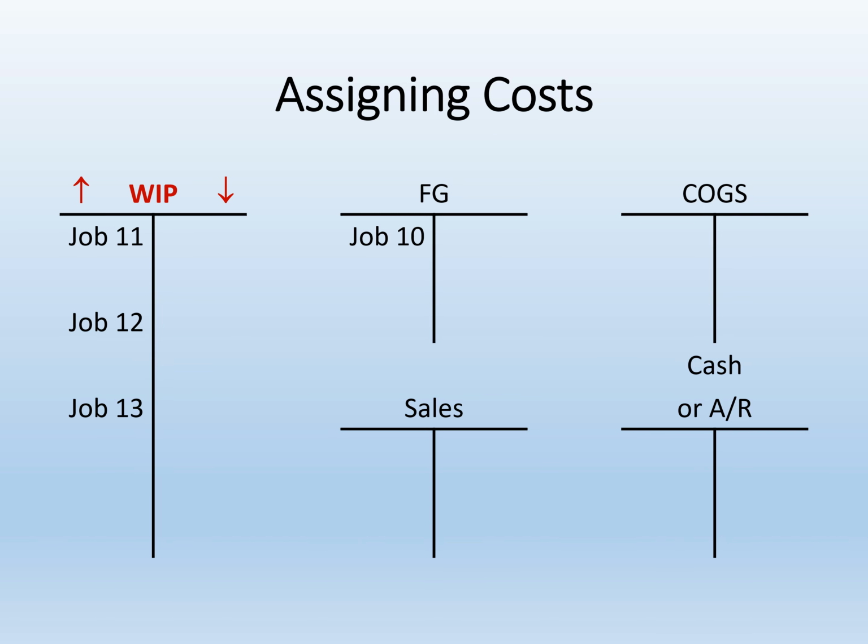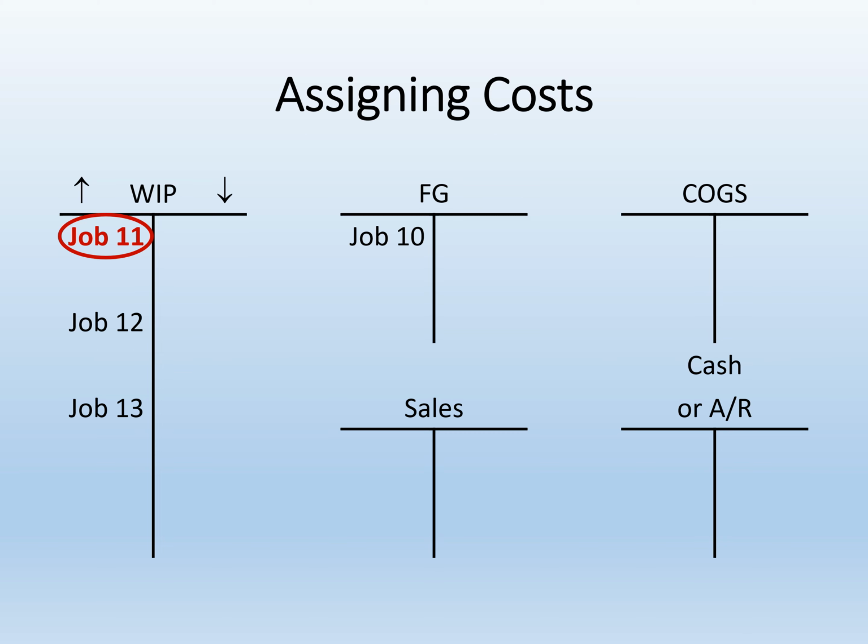Now the question is, what happened to each of these jobs? There's only two possibilities. Either a job got finished and left the production floor, or it didn't get finished, so it would still be in work in process at the end of the period.